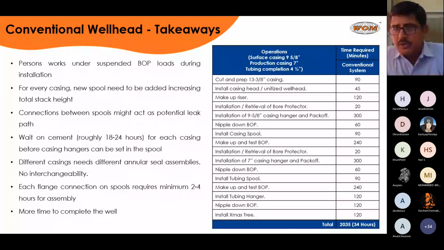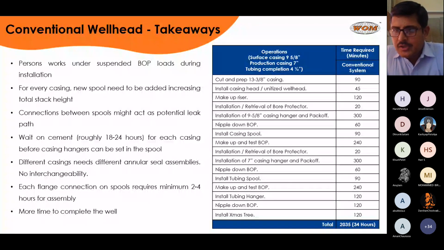It is a very time consuming process. Here the process is a little reversed. Actually, we need to nipple down the BOP first, and then we install the 9 5/8 hanger. Nippling down the BOP takes around 1 hour. Installation of the next casing spool takes around 90 minutes.